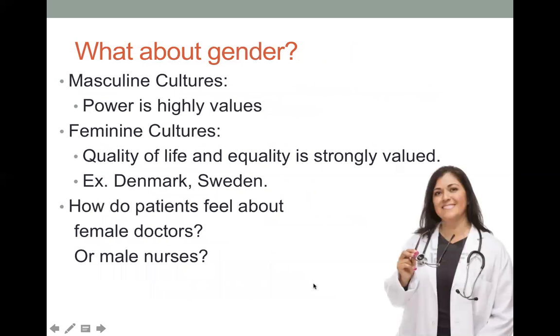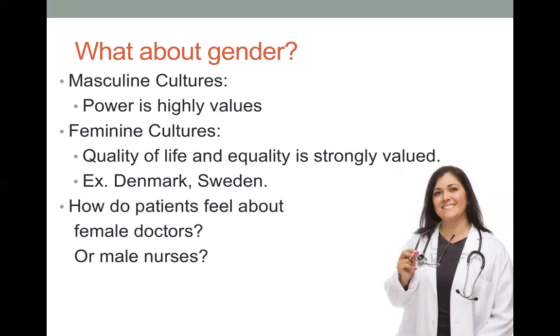Gender roles. There are masculine and feminine cultures, and these can definitely influence cooking roles. Masculine cultures value power. They tend to be kind of more aggressive, potentially more task-oriented and materialistic. They may include Germany, Hong Kong, United States, depending, Italy, Japan, the Philippines, Mexico.